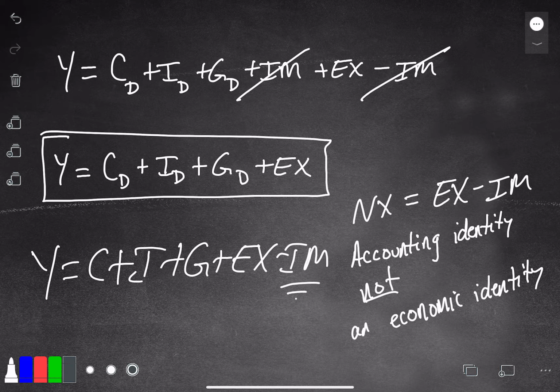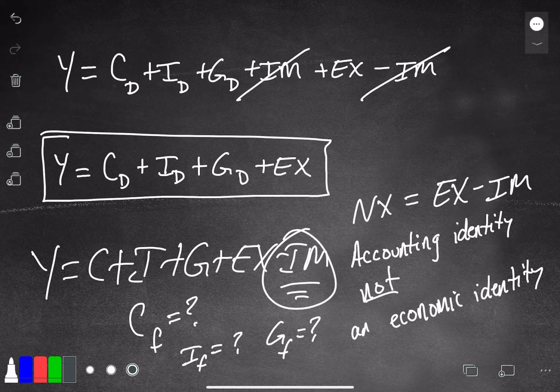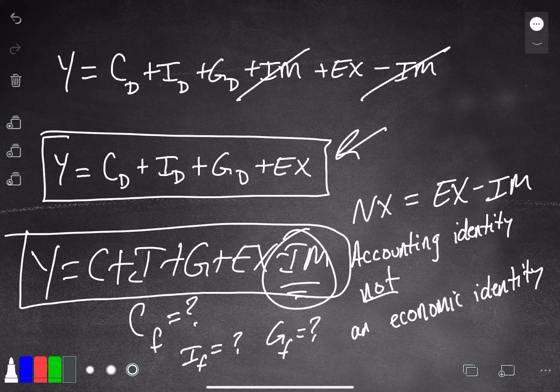Because we know this number, but we might not know what CF is equal to, for example. We might not know what IF is equal to, or what GF is equal to, but we know what imports are equal to. And so even though this equation here is much more accurate, this equation here is much easier to work with.